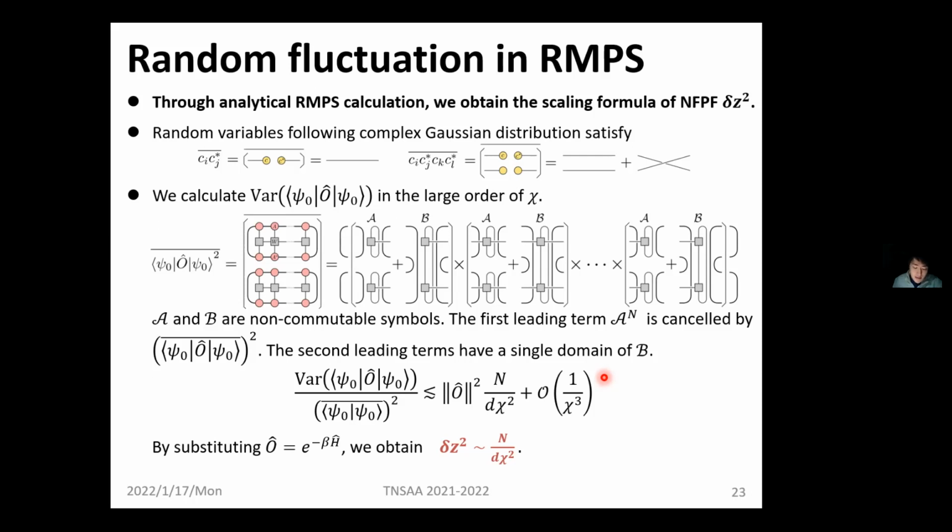There are order n square leading terms which contribute to n in this final result. Now, by substituting the Boltzmann factor as operator O, we obtain the NFPF delta Z square to be n over d chi square. Here, small d is the number of local degrees of freedom, for example, 2 in the transverse Ising chain.